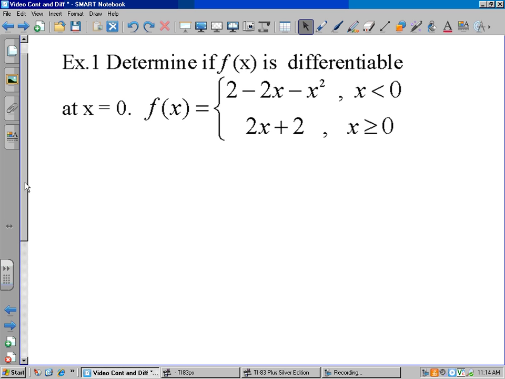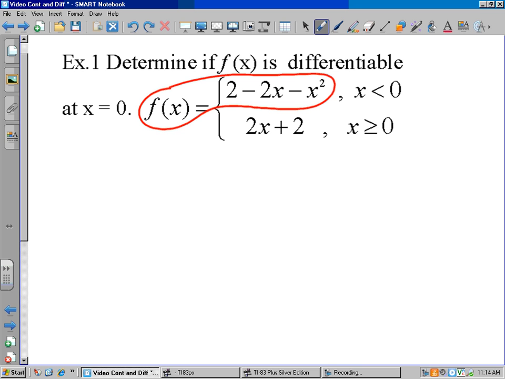All right, so let's go through some examples. Determine if this function is differentiable at x equals 0. What we need to determine is the slope as we come in from the left and the slope as we come in from the right. So this is the left side equation.